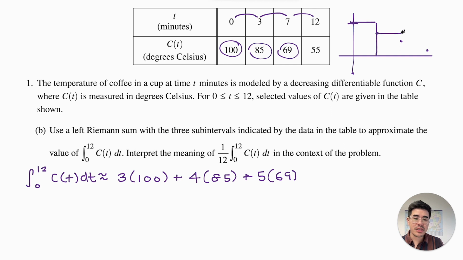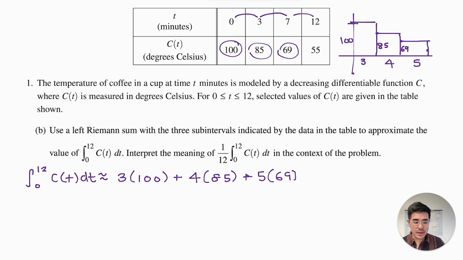So this 100 corresponds to the height of this rectangle, this 85 to the height of the middle rectangle, and the 69 to the height of this small rectangle. The widths would be 3 minus 0, 7 minus 3, and 12 minus 7. Drawing this could be considered showing your work as well, because it corresponds to your answer.